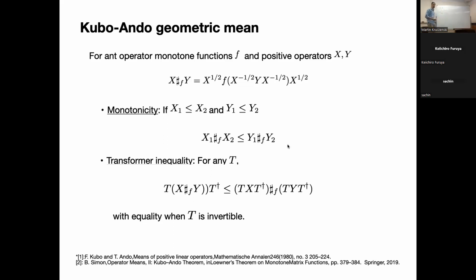So the Kubo-Ando mean preserves this positive structure between operators, and it tells you how to multiply positive operators to get another positive operator.